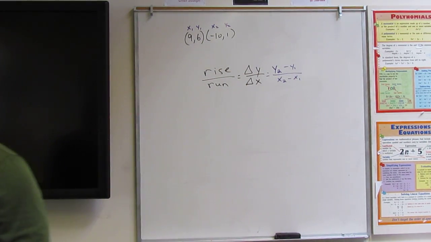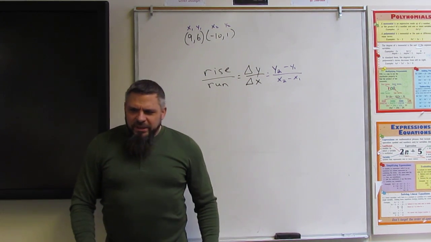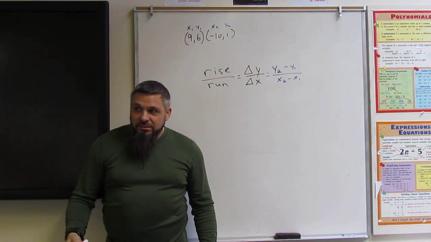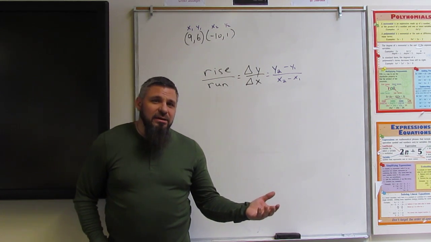What's funny is it doesn't matter which direction I go. So how many of you are going to remember y sub 2 minus y sub 1 over x sub 2 minus x sub 1? That's kind of hard to remember.